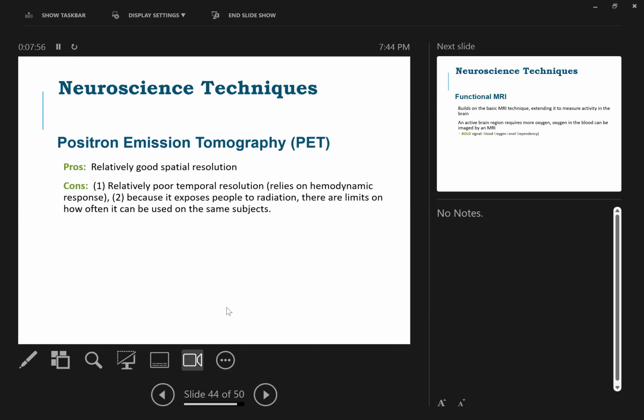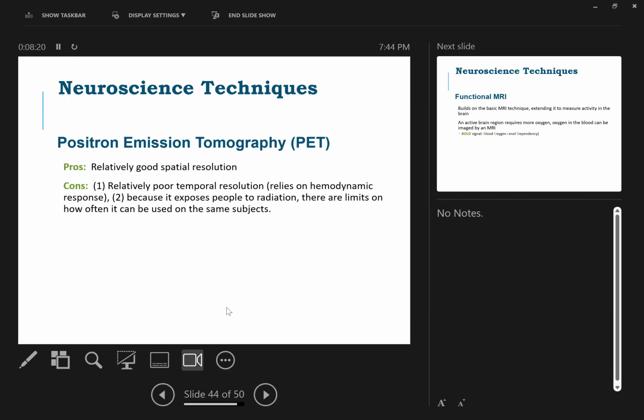The neurons are functioning on a millisecond basis. Blood flow functions on seconds. So if an area is taking more blood, you'll see it 2 seconds later. But if a cell is being more active, you see it on a millisecond basis.